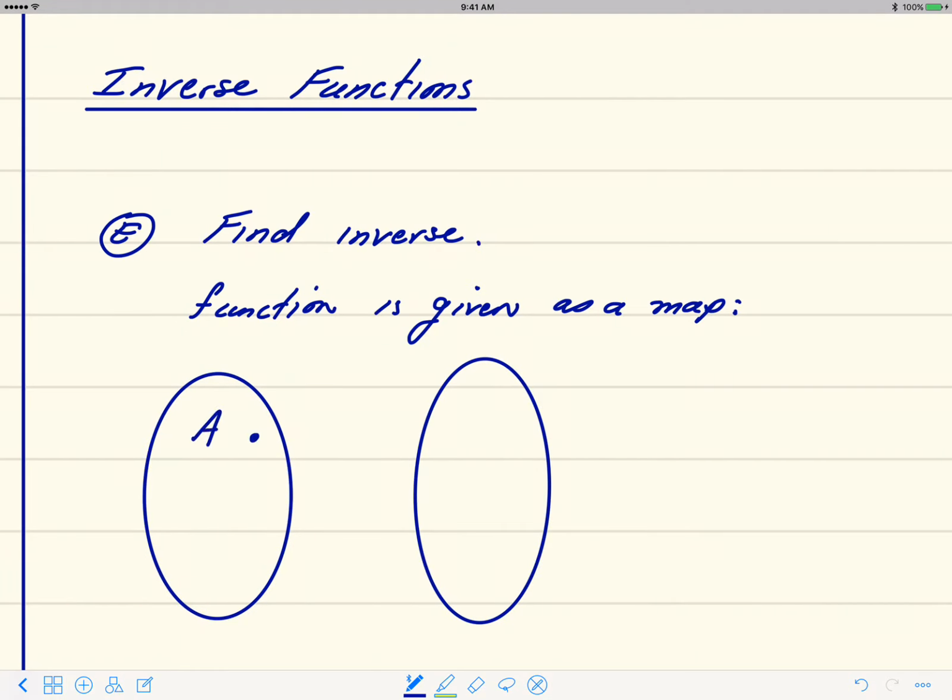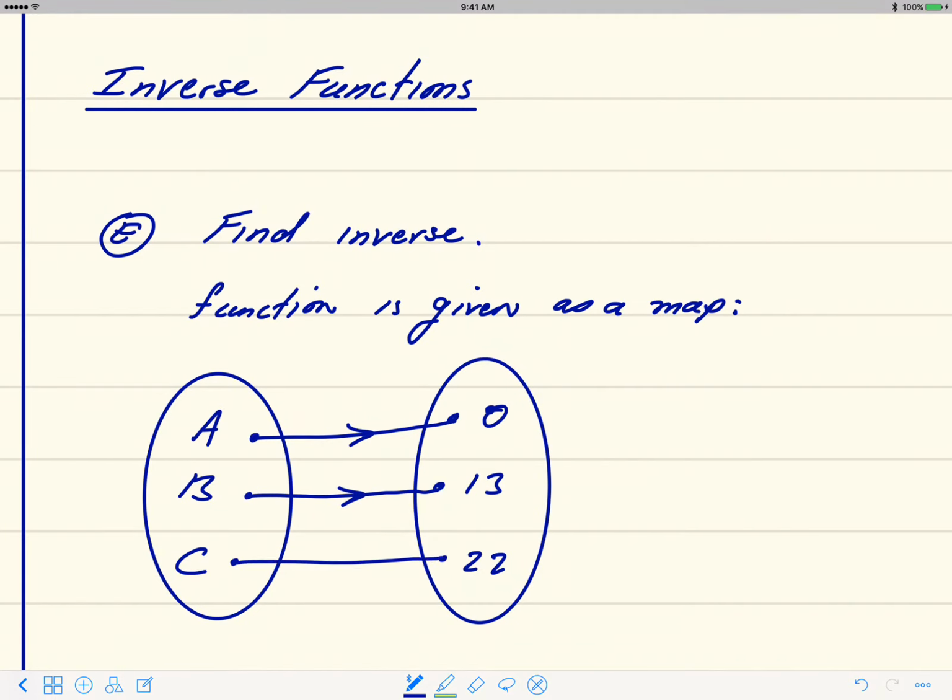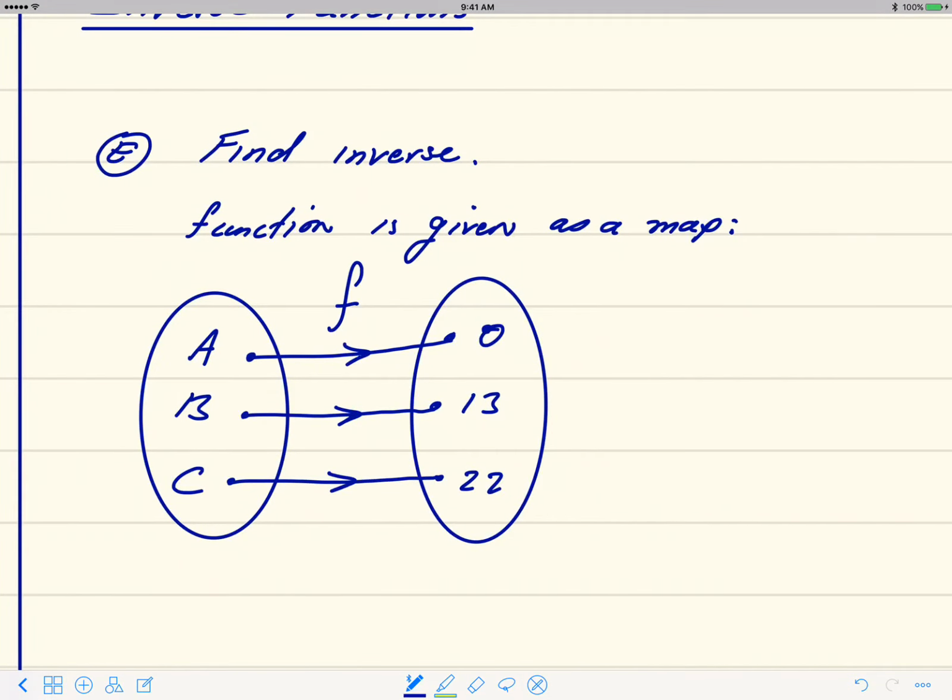So let's say the letter A, the letter B, and the letter C. And then here we have the numbers 0, 13, and 22. So here the relation is A goes to 0, B goes to 13, and C goes to 22. And this is the function f.